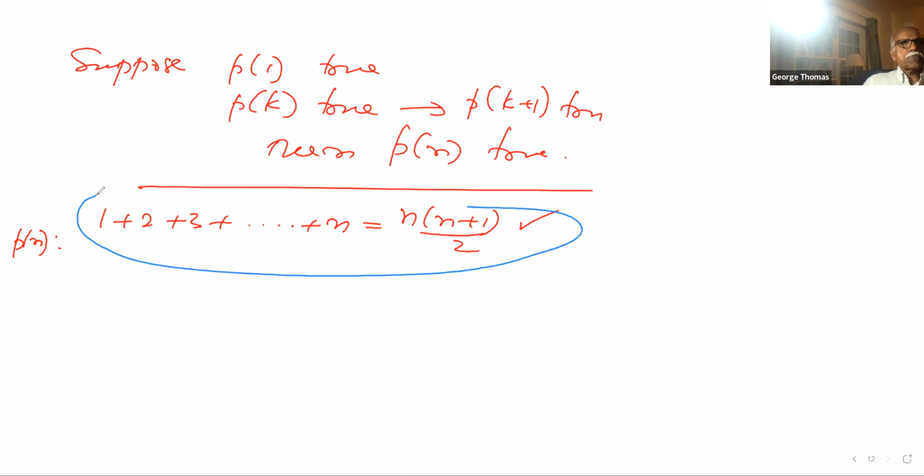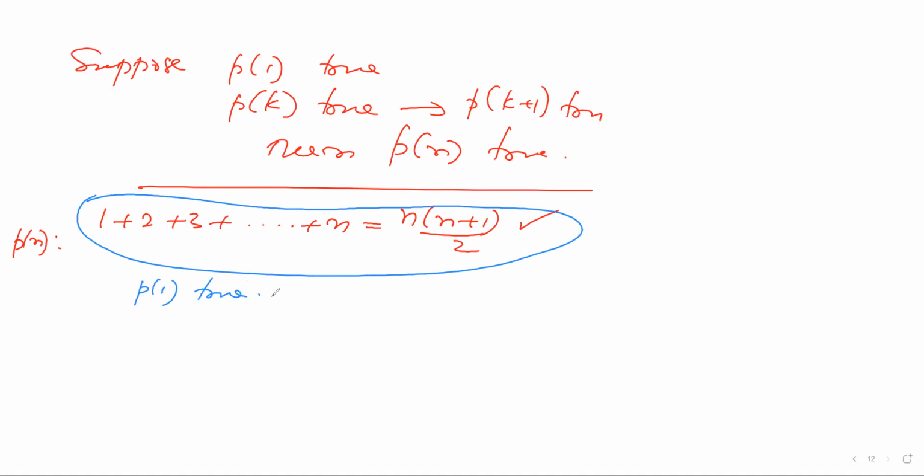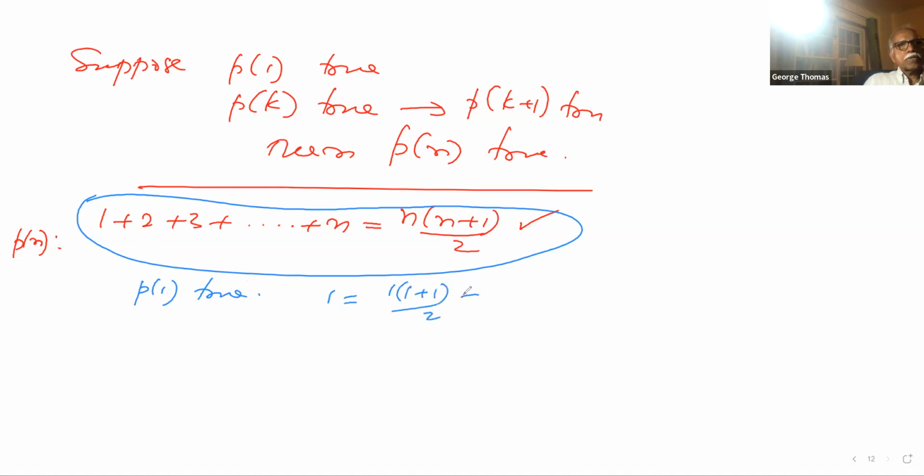That is my statement. So what do you do? You check, is P(1) true? Yes. 1 equals 1 times 1 plus 1 over 2. Yes. Correct. Now, if that is correct, assume P(k) true implies P(k plus 1).